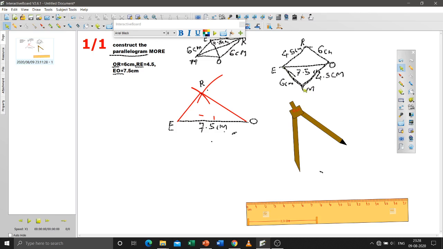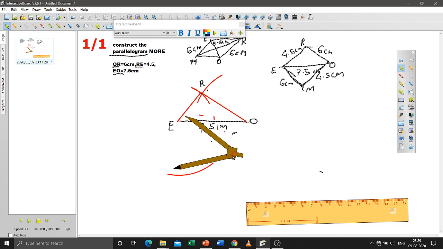We want to find the point M. So by taking E as a center, we'll draw an arc of 6 centimeter radius.